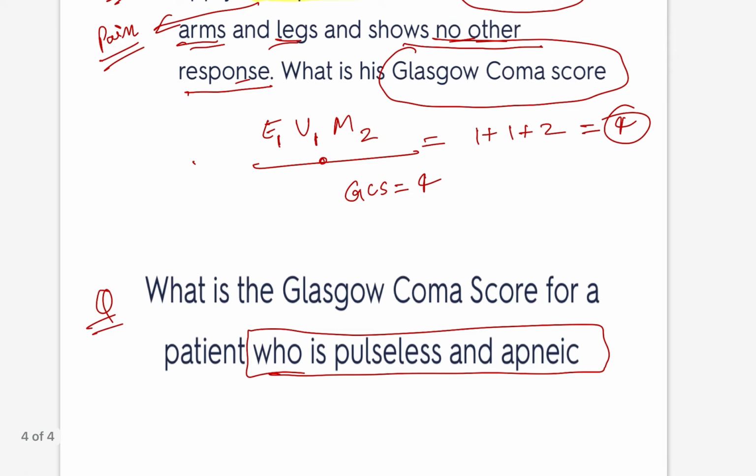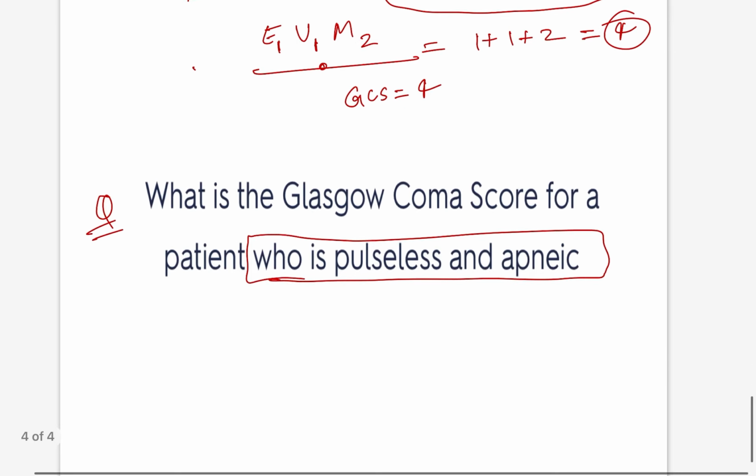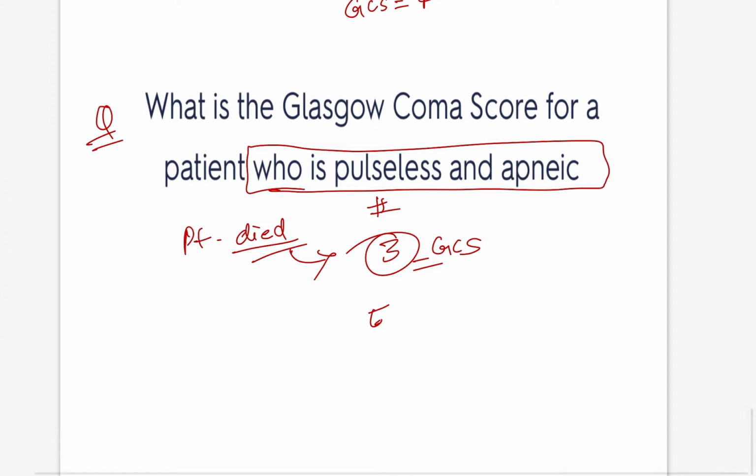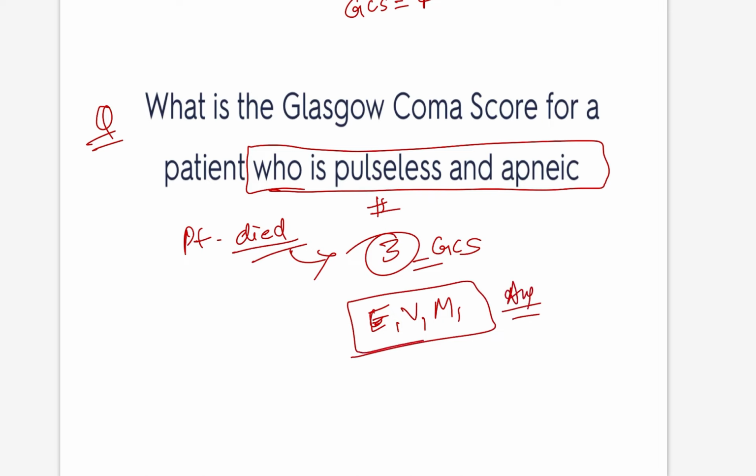He is giving a big hint: pulseless, like the patient is already in a dead position, right? So what I already told you, in a dead position the patient's GCS score is 3. And if we write this, it will be E1, V1 and M1, right? So this one is the answer.